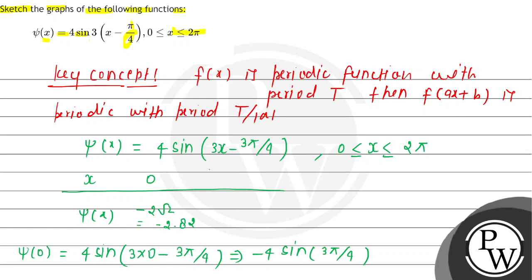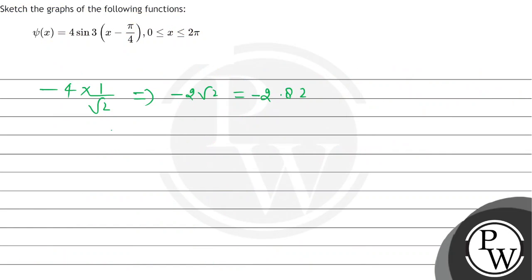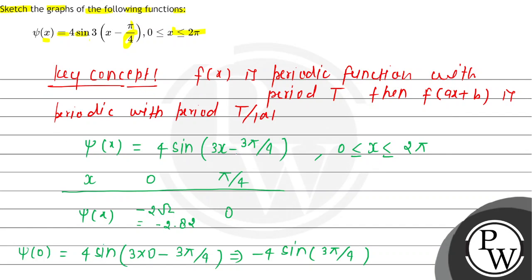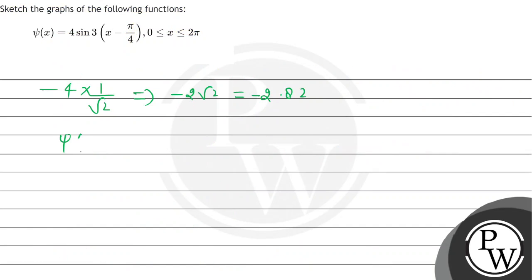तो अब हम pi by 4 रखते हैं. Suppose we put x is equal to pi by 4, then we'll get value 0. Why? Now we'll see. After putting the value pi by 4, so psi of pi by 4, we'll get 4 sine of 3 pi by 4 minus 3 pi by 4.